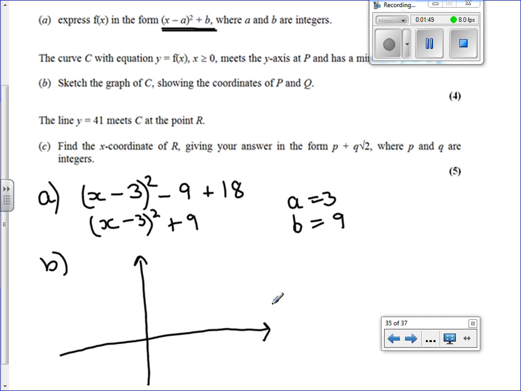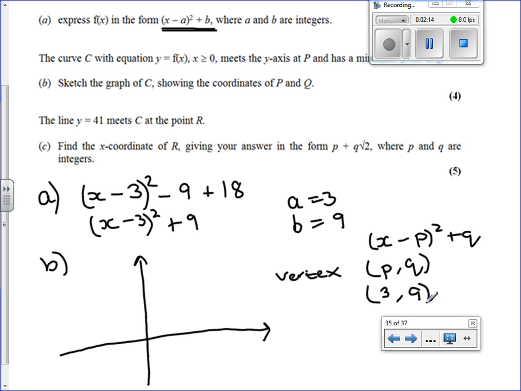So because we've completed the square, we know the vertex, as it's in this form, x minus p all squared plus q, where the vertex is p, q. So if we've got minus 3 in the brackets, the vertex will be at 3.